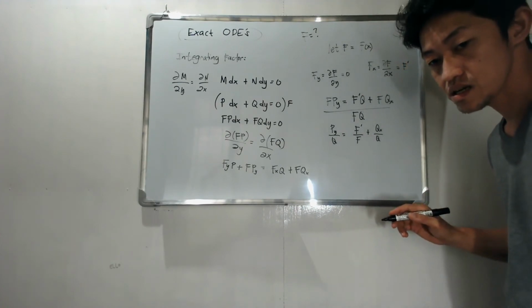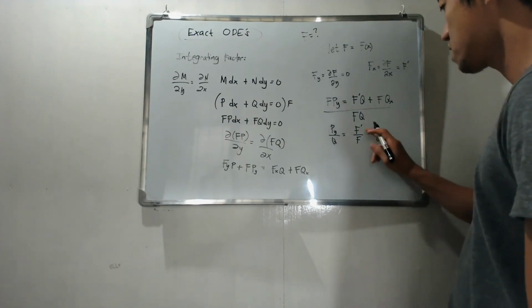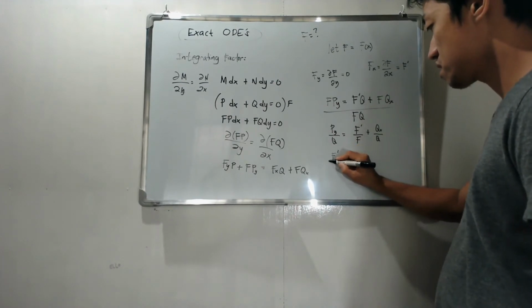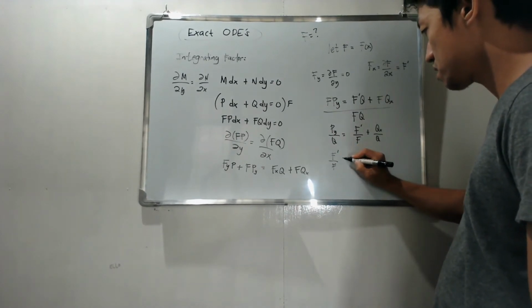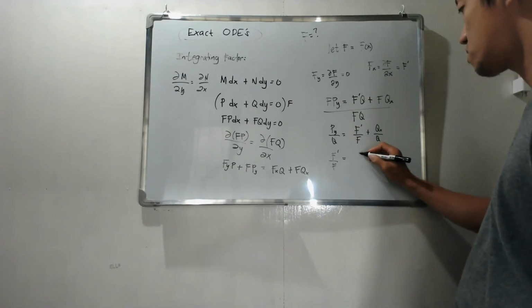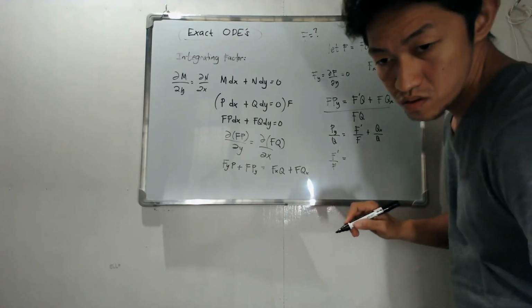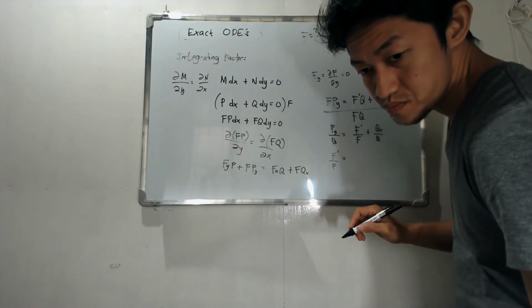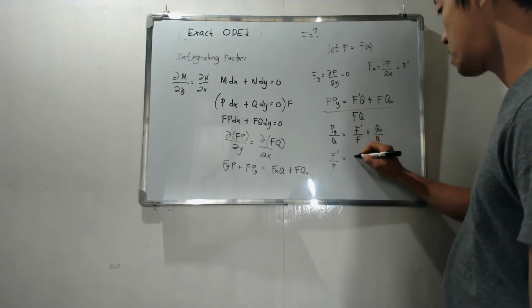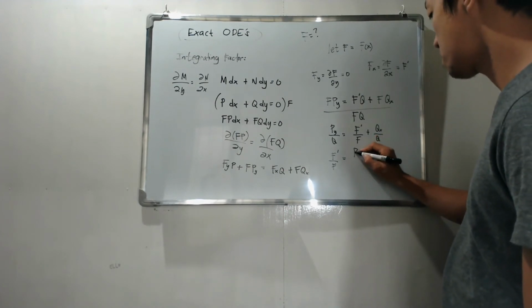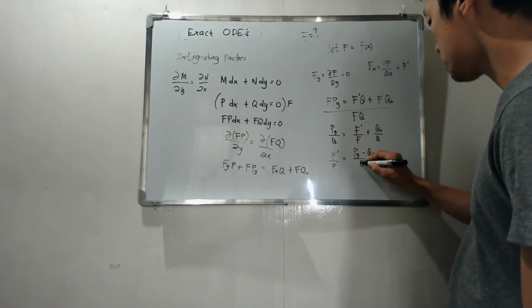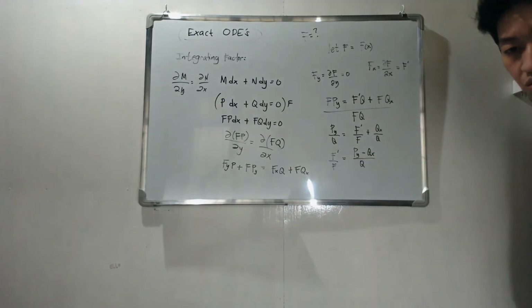Let's transpose this one to the right side. F prime over f is equal to P sub y minus Q sub x over Q.